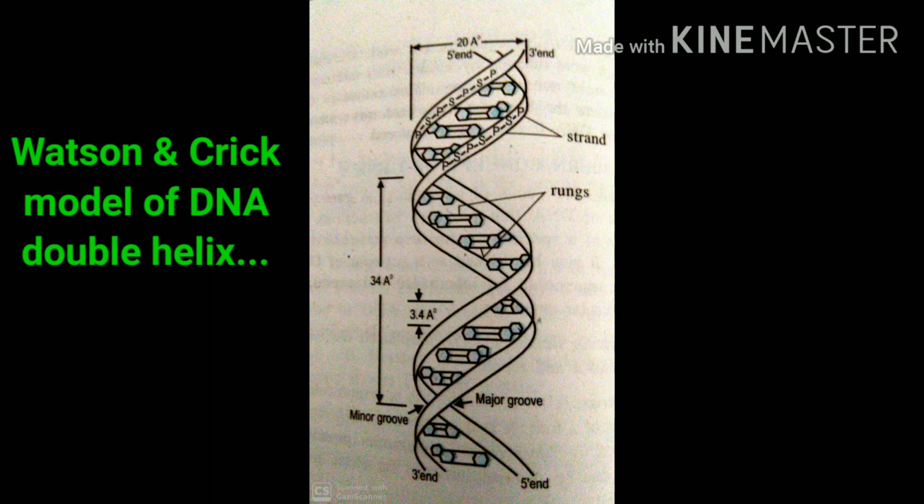Let's see some dimensions of the DNA molecule. First, the diameter of the DNA molecule is 2 nanometer. Then the distance between two successive nucleotides is equal to 0.34 nanometer.